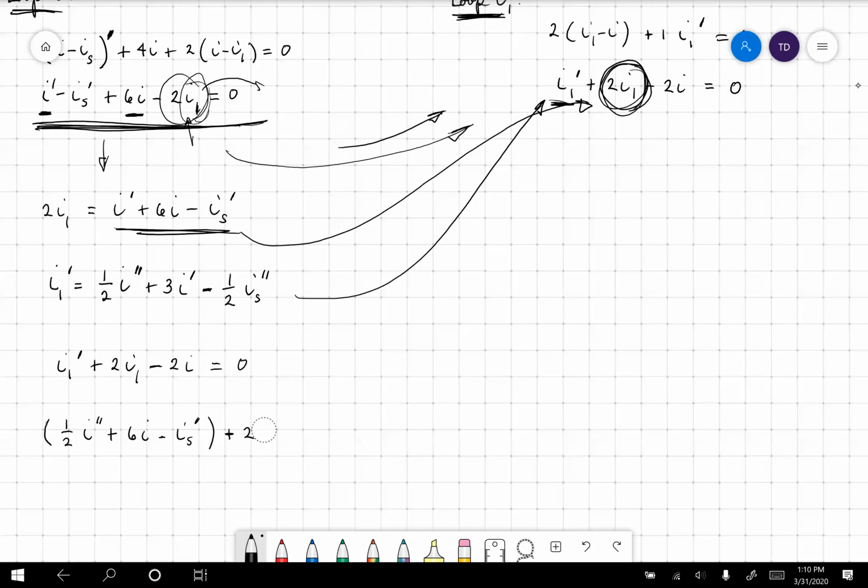I've got twice I1 already up there, so I'll just replace twice I1 with I prime plus 6I minus IS prime.